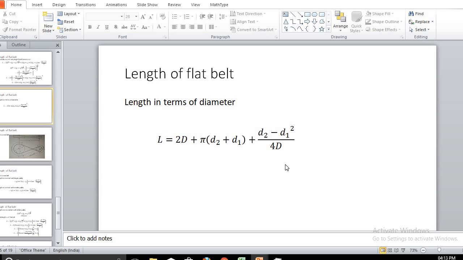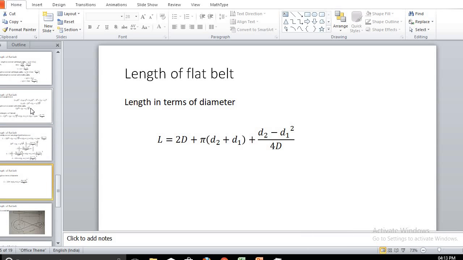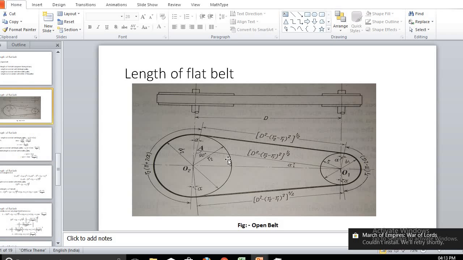And again we can move further to the length of the cross belt. In this open belt, you will observe the direction of both the wheels is the same.